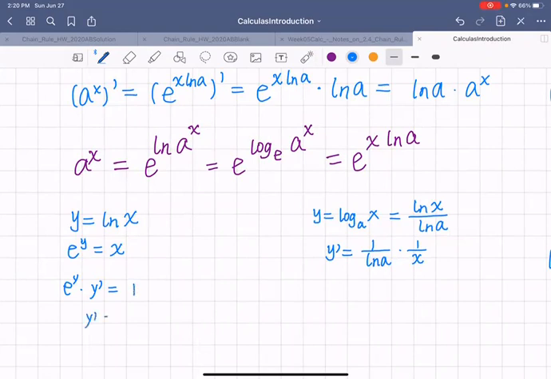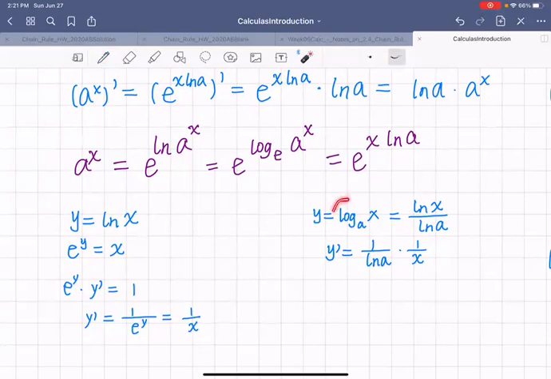So y prime equals 1 over e to the power of y. Make sense? e to the power y equals x. So 1 over x. Does this make sense? Okay.